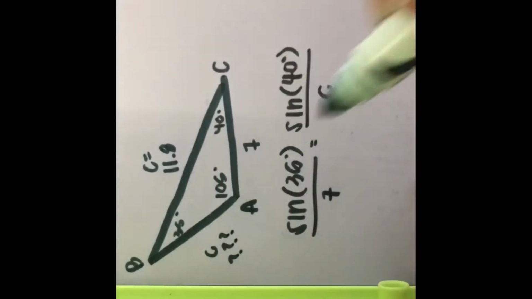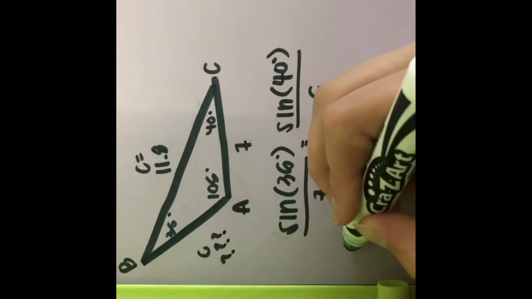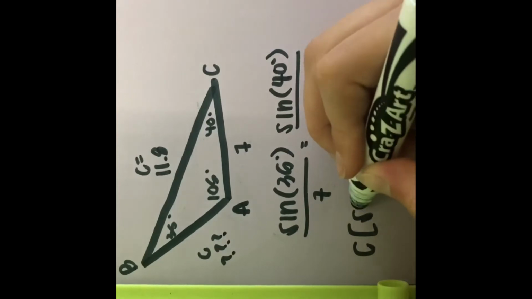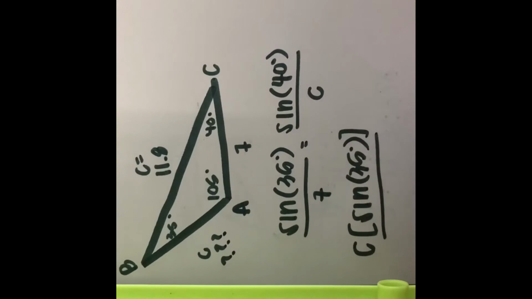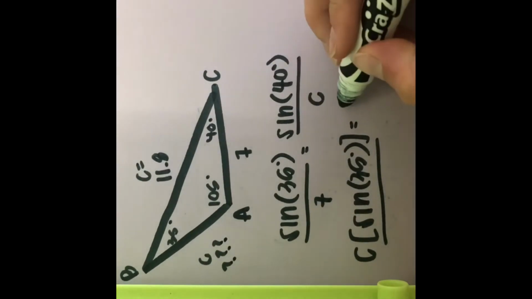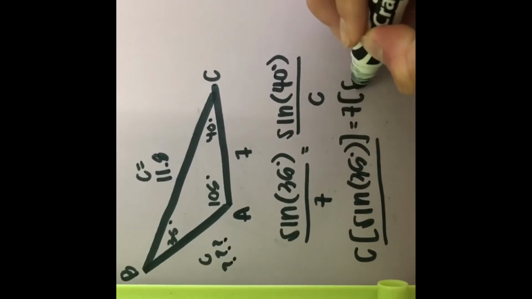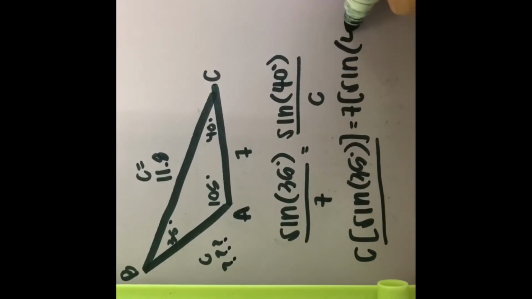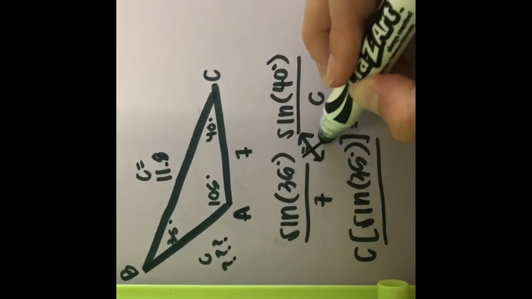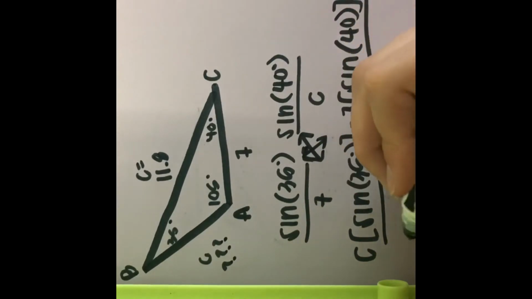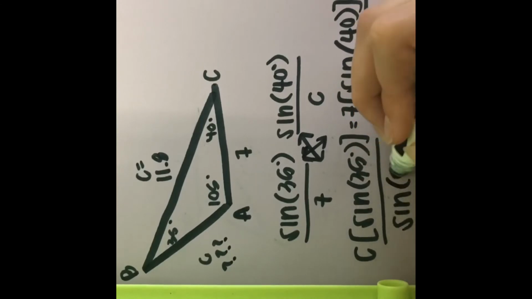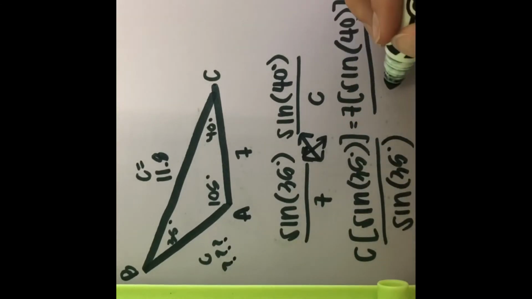Now, as we did last time, we're cross-multiplying the two equations. So it's going to be C times sine of 35 is equal to 7 times sine of 40. Since we're trying to get C by itself, we divide C times sine of 35 by sine of 35.